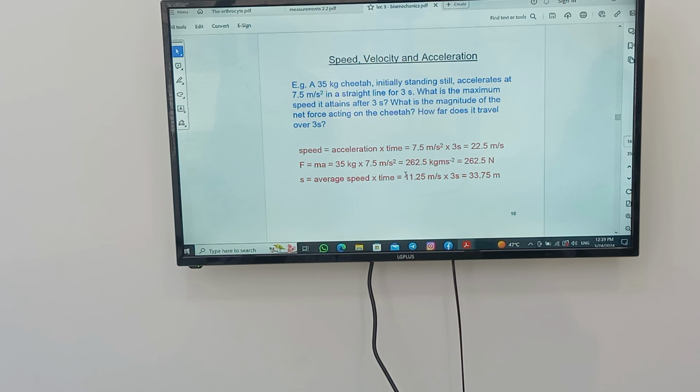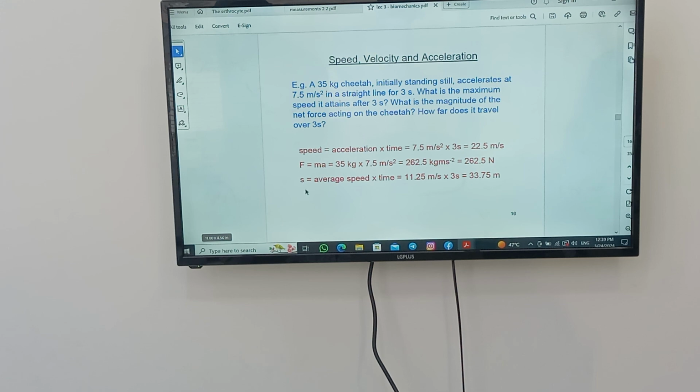This equals 262.5 kilogram meters per second squared. Instead of writing this whole unit, you can just say Newton. So it equals 262.5 Newton.